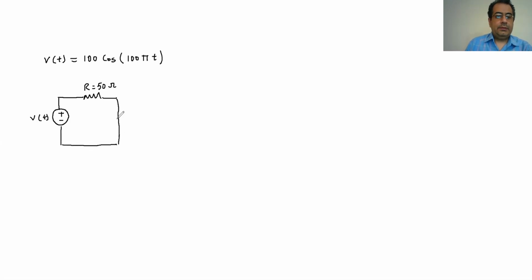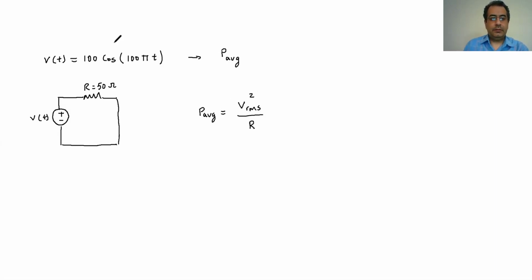Then if I have the simple circuit like that, I want to know what is the average power used by this resistance that I have here. I know that the average power is V_RMS squared divided by R. So I have to go and find the V_RMS.